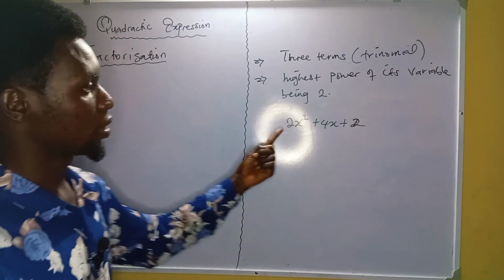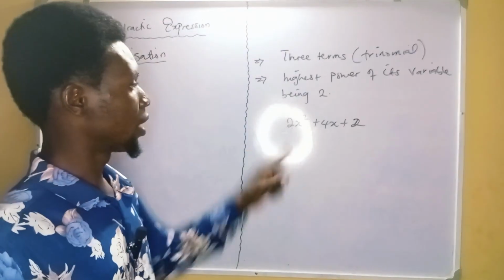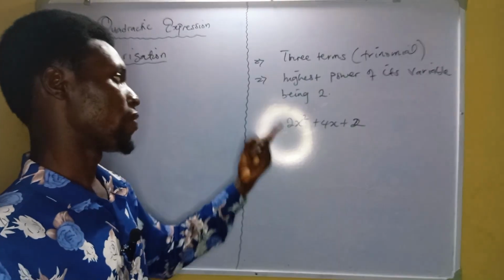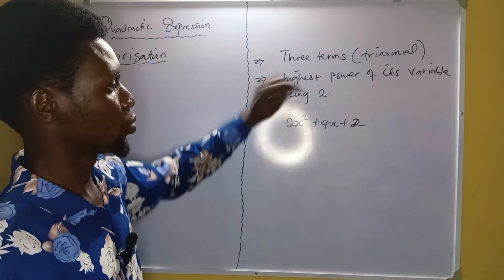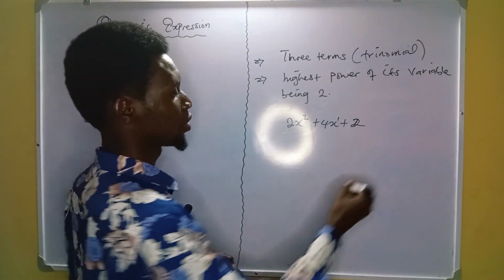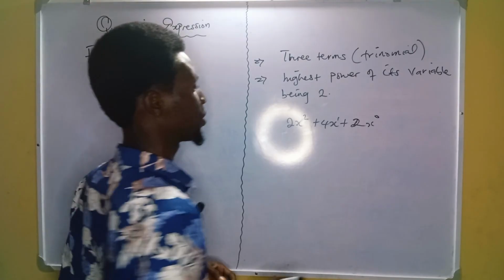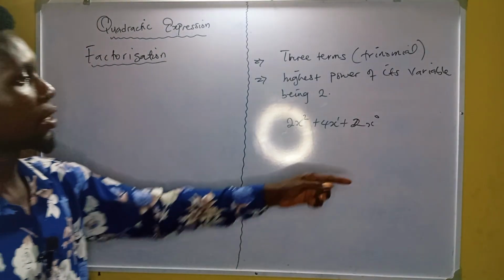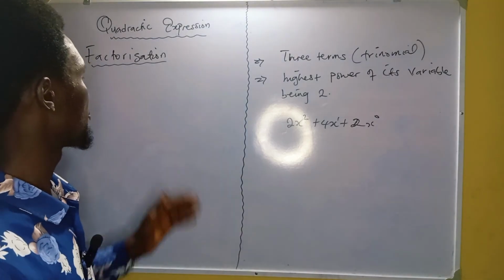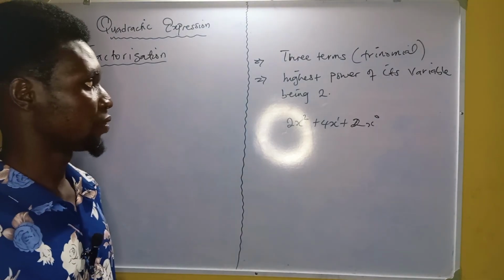What you notice here is there are 3 terms, and the variable here is x, and the highest power of the variable is 2. All right, that is the highest. Here the power is 1, and here the power is 0. Okay, the highest power of the variable is what? Is 2. So that is what we mean by quadratic expression.